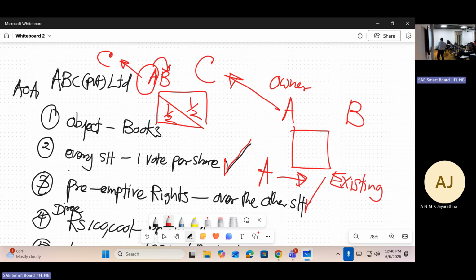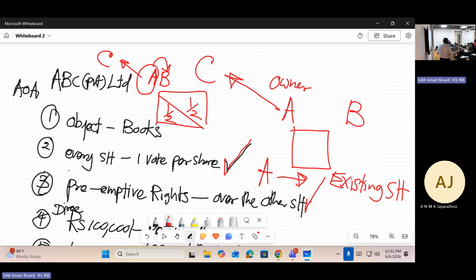If the existing shareholders refuse to purchase, he can sell this to an outside party. Understood? So this is the preemptive right. By being a shareholder of this company, this right is given to him. He must be given the preference or the choice to purchase the shares if a shareholder is going to sell his shares. This is named as the pre-emptive right.